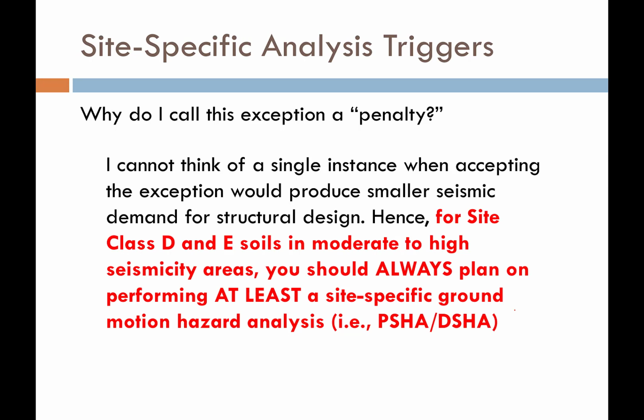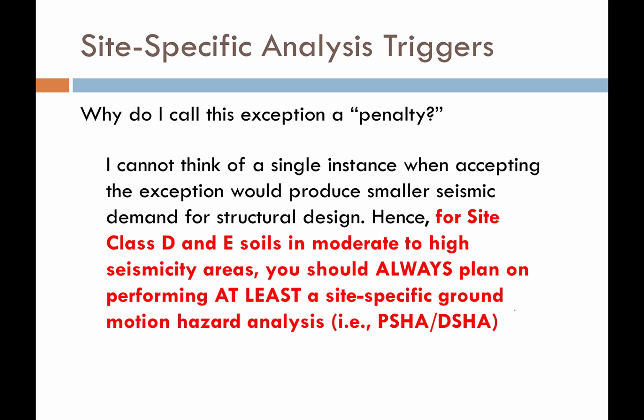I call it a penalty because I cannot think of a single, not one instance when accepting these exceptions, any of them, would produce a smaller seismic demand to use in structural design. And if you're going to jack up your design ground motions, then that is the equivalent of a penalty or a cost associated with the simplification in your analysis.